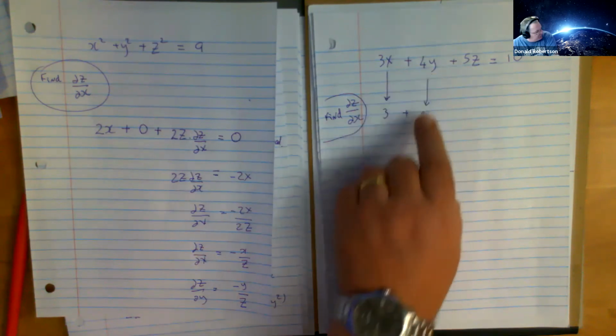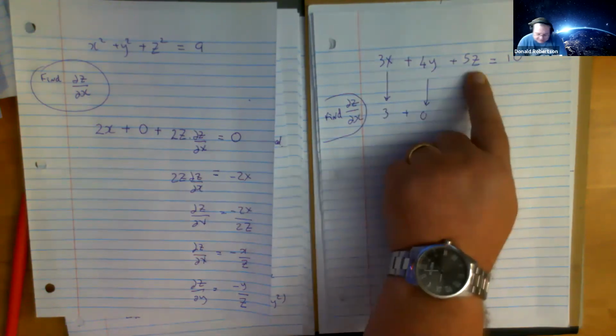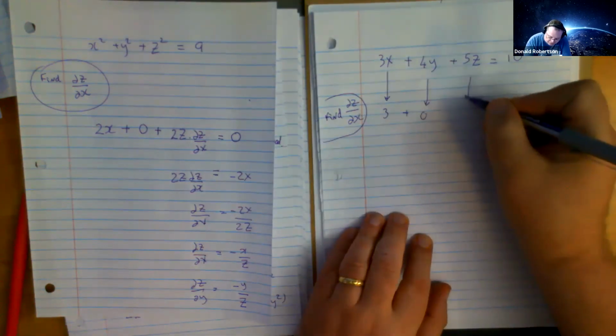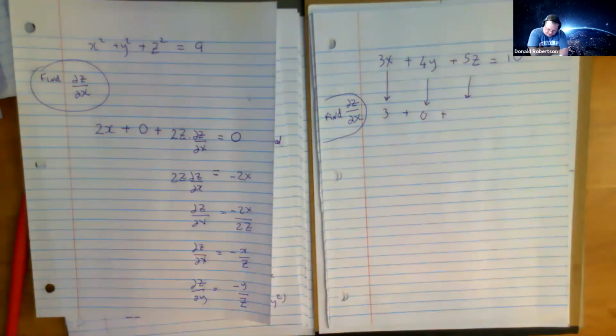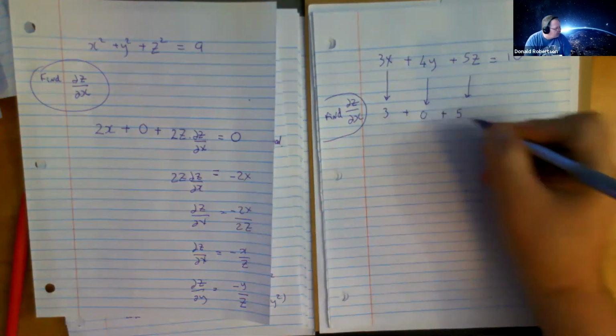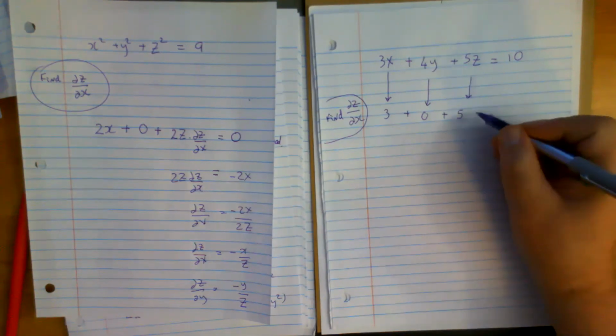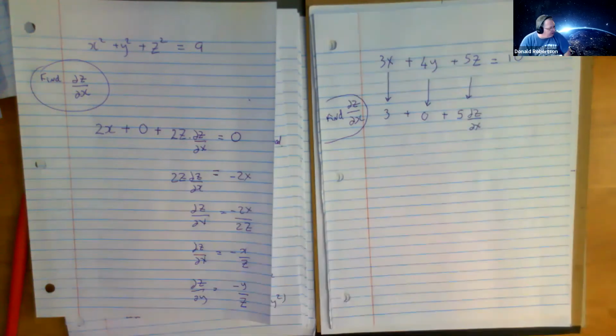4y gets you a 0, and this guy's kind of weird. 5z becomes 5 times dz dx. And you begin to see a theme with this implicit thing.